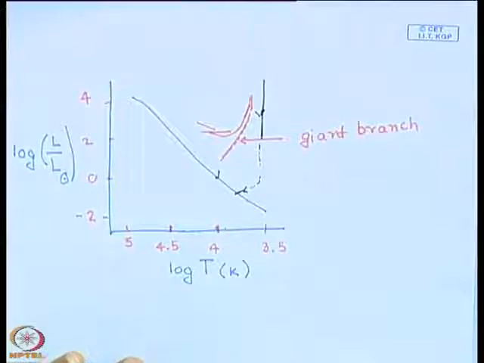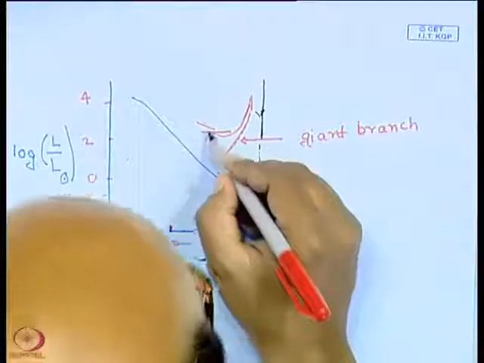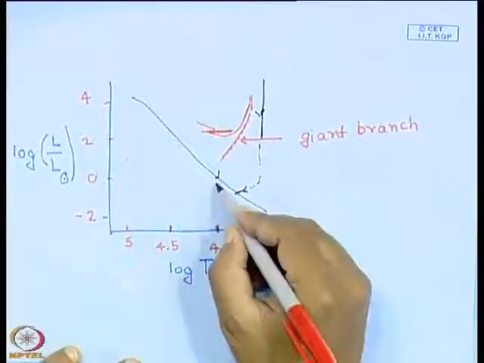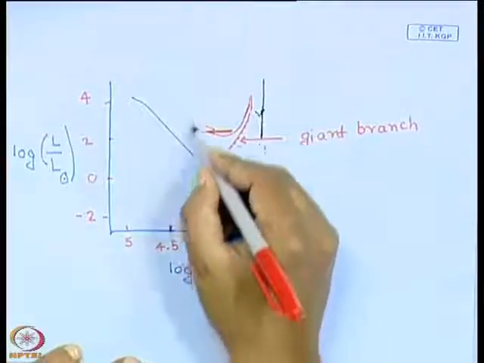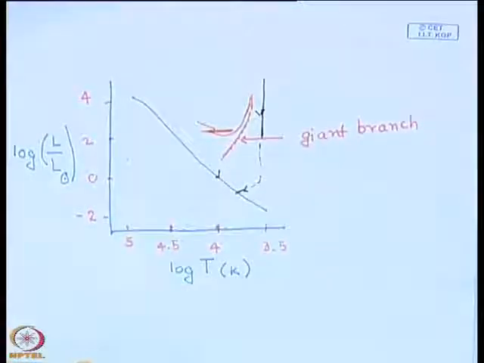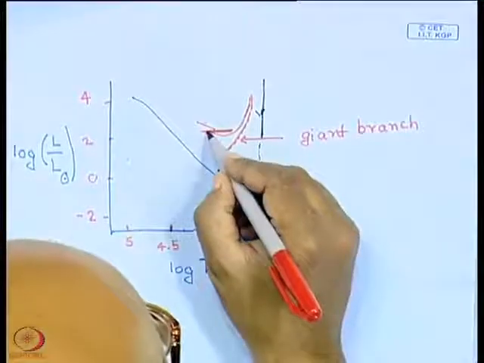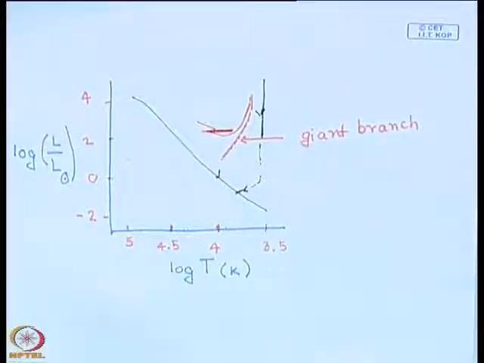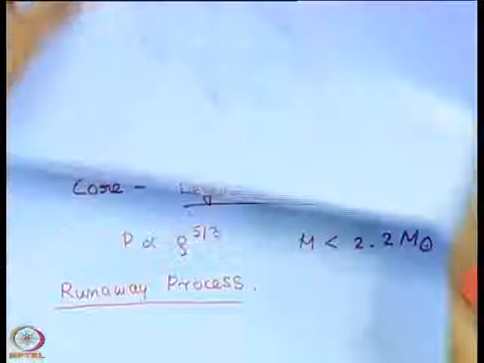I am just drawing what will happen to the sun, other stars will have similar evolutionary tracks. You go into an equilibrium state, just like you had the hydrogen burning equilibrium state. Here also you have an equilibrium state, called the horizontal branch.